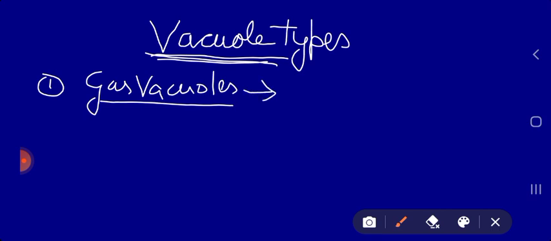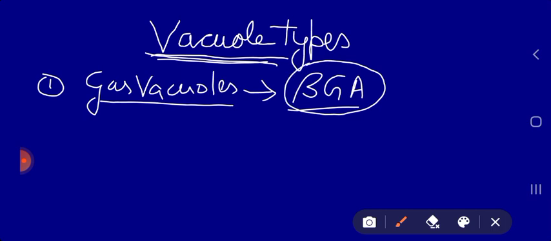So gases can freely enter into these vacuoles, and this type of gas vacuole occurs mainly in blue green algae, also called cyanobacteria, but they are also found in other bacterial species and in some archaea.